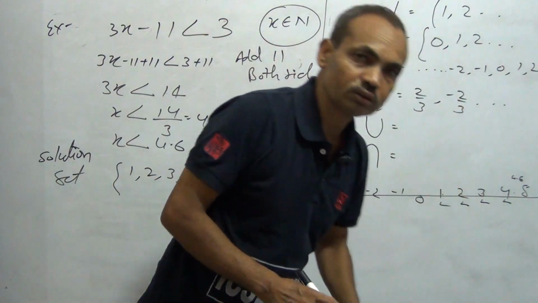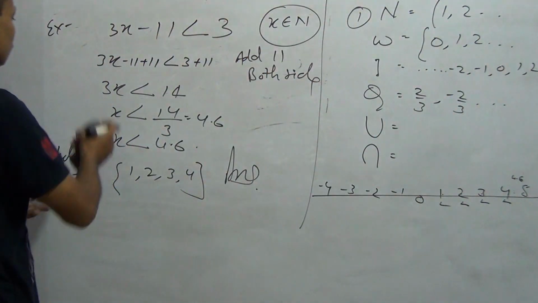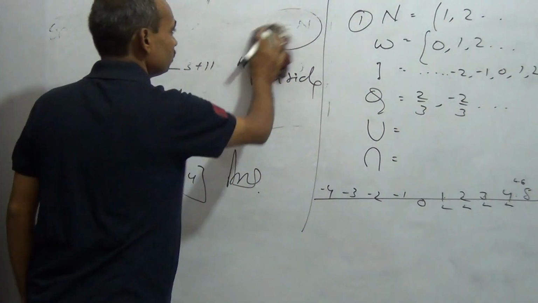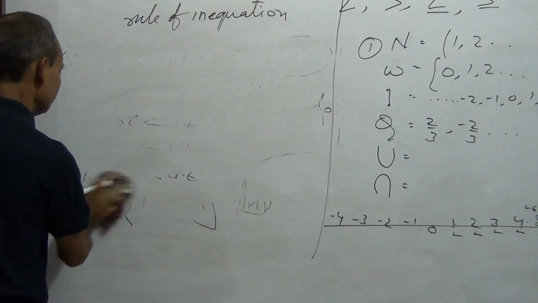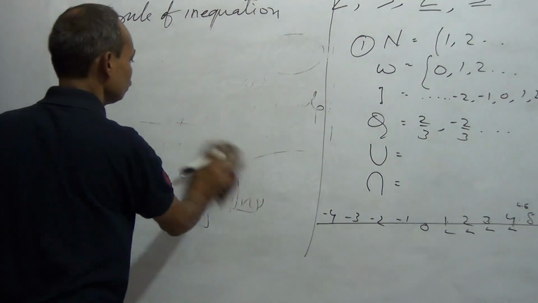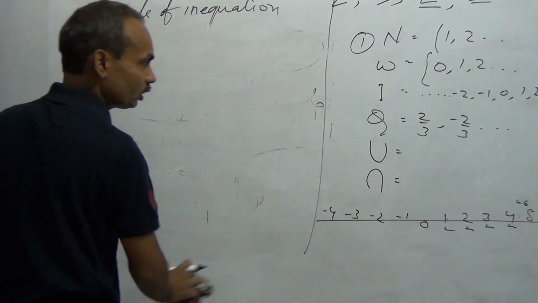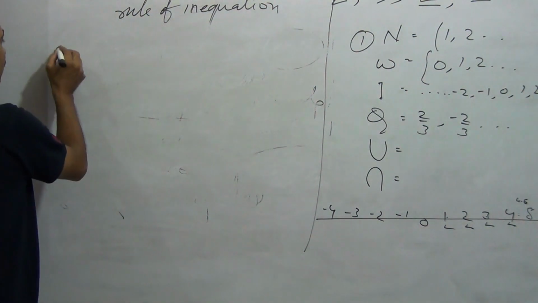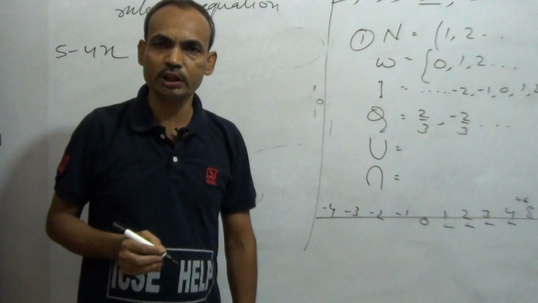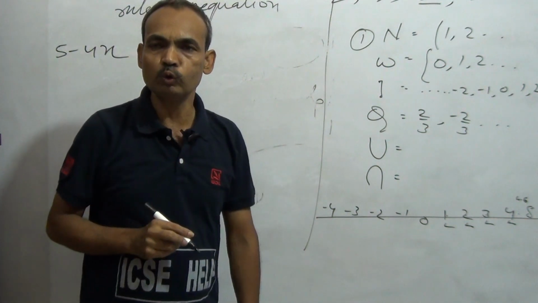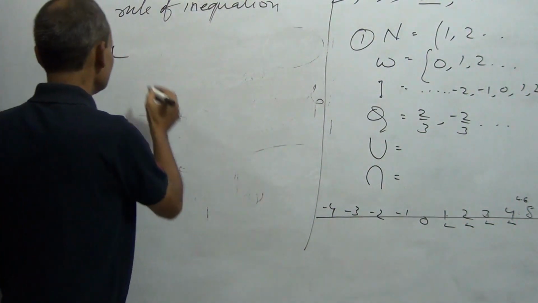Now we will take a second example to understand the topic more clearly. We take another example to solve this type of question. 5 minus 4x is greater than 2 minus 3x.